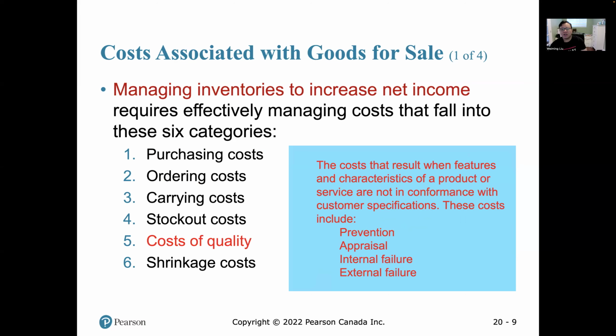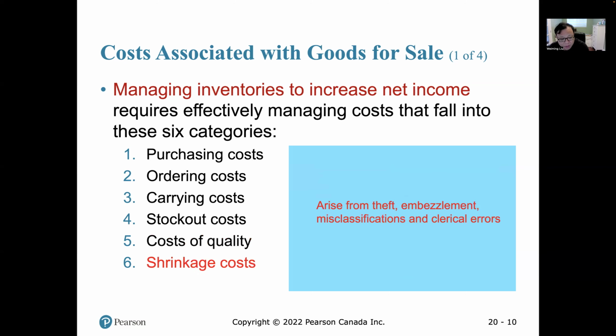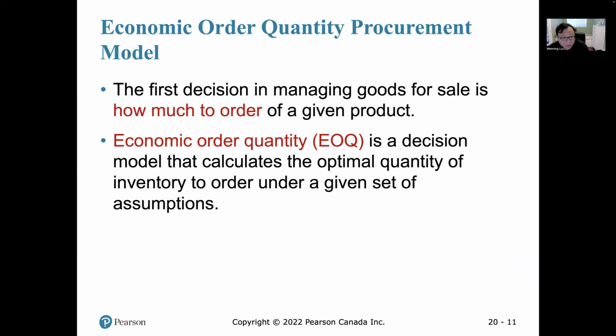Cost of quality: maybe your product does not meet the customer's requirements. Shrinkage from theft, clerical errors: shrinkage cost.